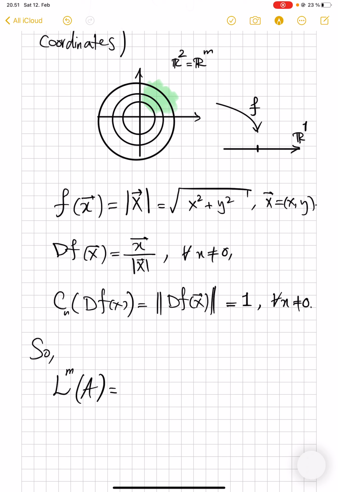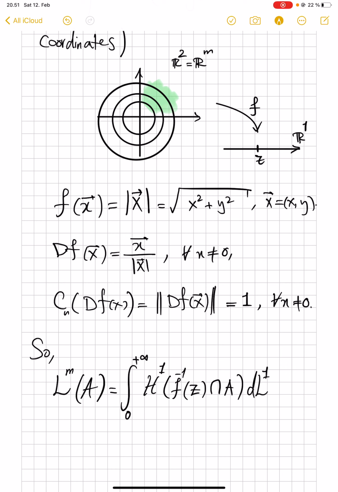Then by the Coarea formula this will be on R1, from negative infinity to positive infinity, but this f will never pick up any negative values, being an absolute value. This will be the H1 measure of the fiber of f intersected with A, and dL1 of z.